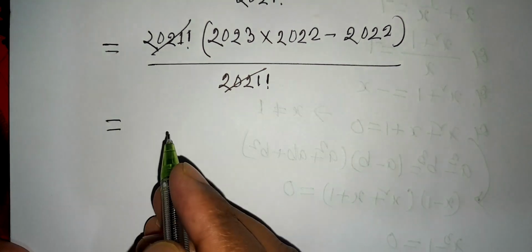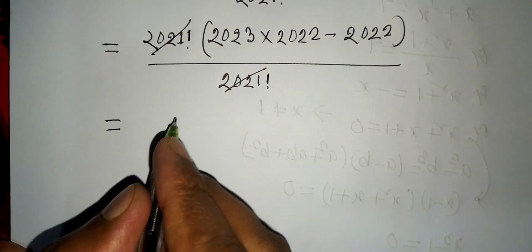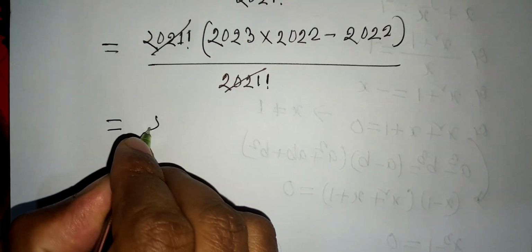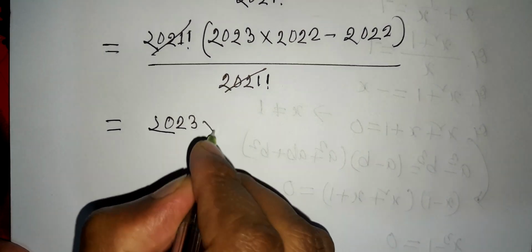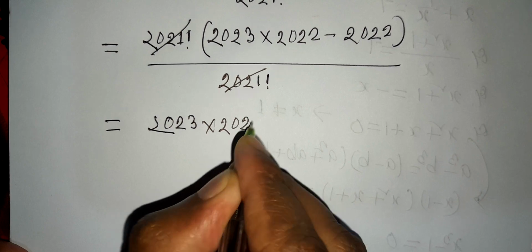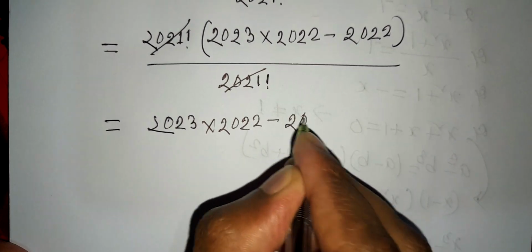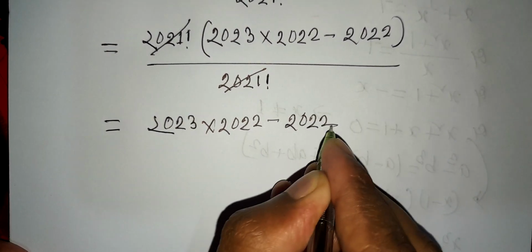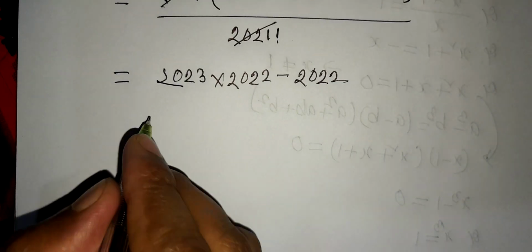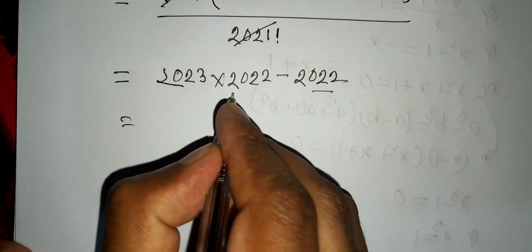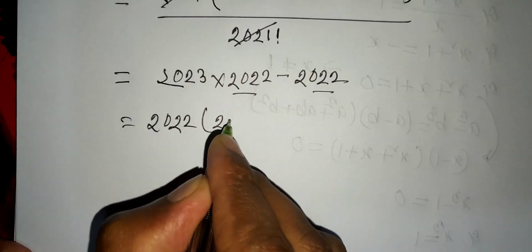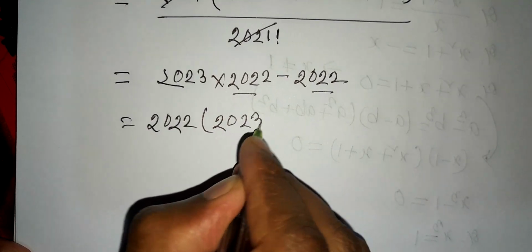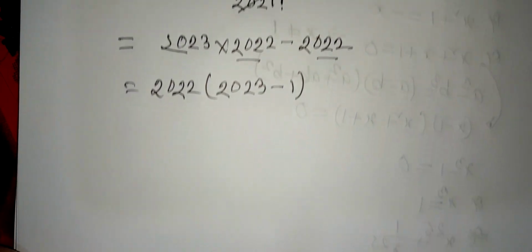So here we take the common factor: 2023 times 2022 minus 2022. We can write 2022 as common, and here 2023 minus 1.